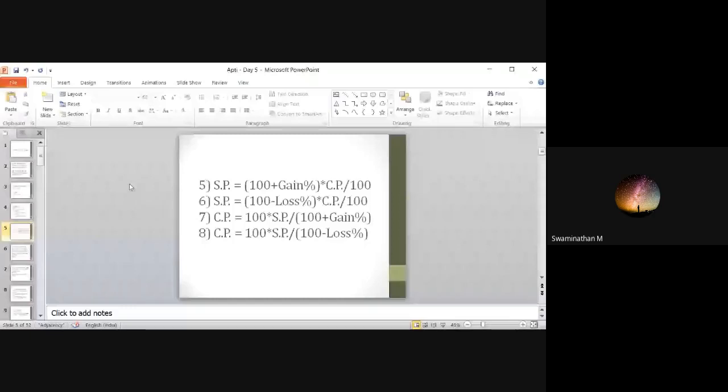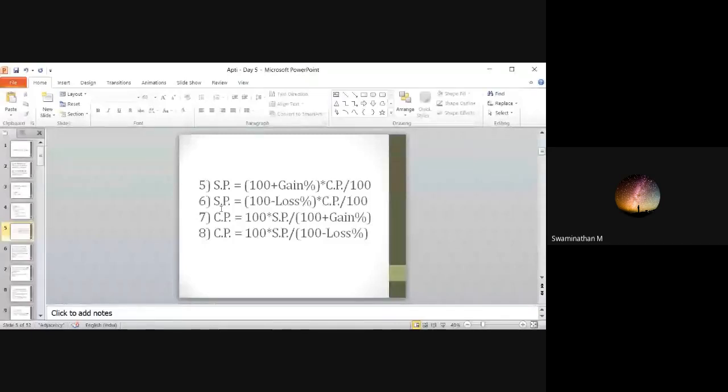If cost price and gain or loss is given, and you want to find the selling price, formulas 5 and 6 are used. If selling price and gain or loss is given, and you want to find cost price, 7 and 8 are used. So please note these four formulas. Selling price equals (100 plus gain percent) or (100 minus loss percent) into cost price by 100.